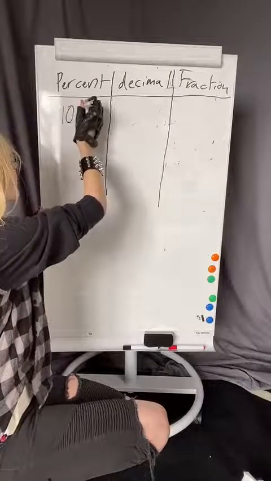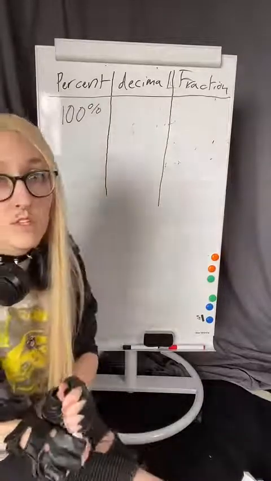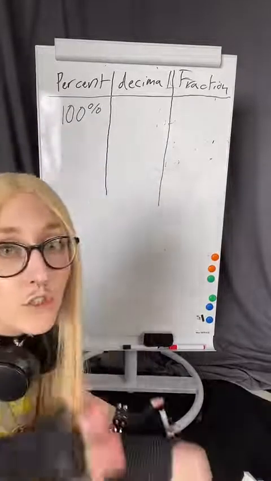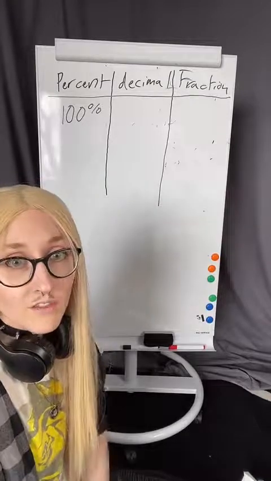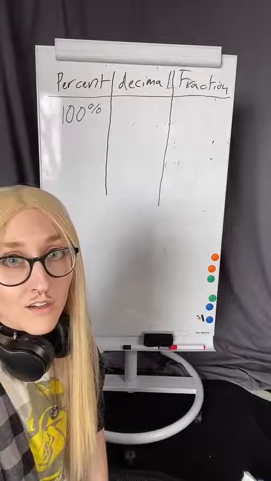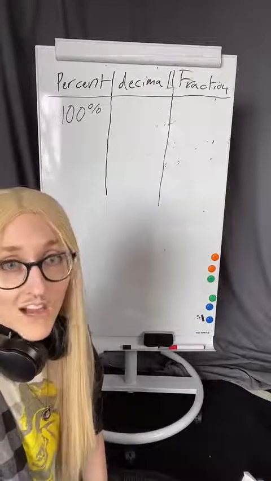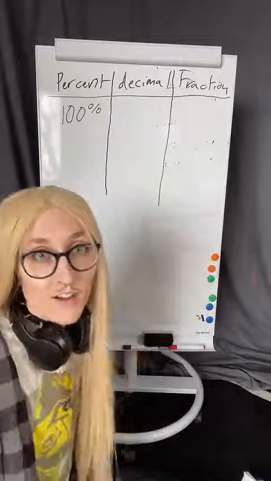Let's say I've got 100%. Well, if I'm saying I got 100% of something, what am I saying I have? If I have 100% of something, well, I got the whole darn thing. That's all of it, right?